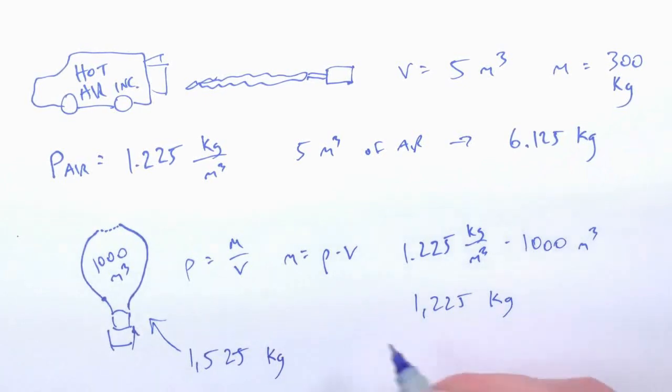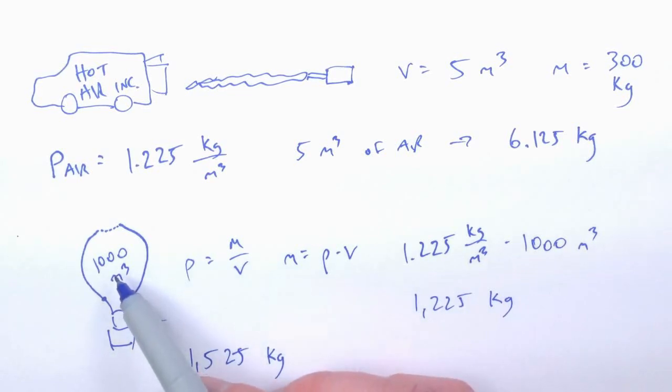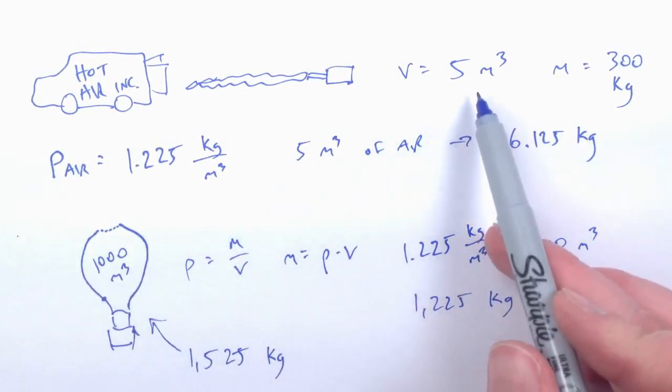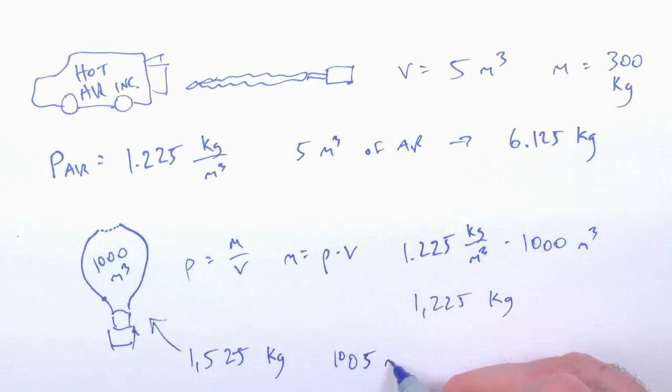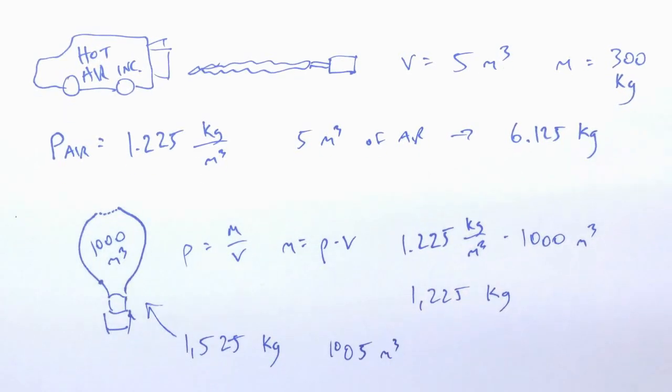And it has a total volume of the 1,000 cubic meters of air plus the 5 cubic meters of stuff. So that's some excellent handwriting right there. 1,005 cubic meters. Okay, so we're going to need that for later, so let's just hold on to that.